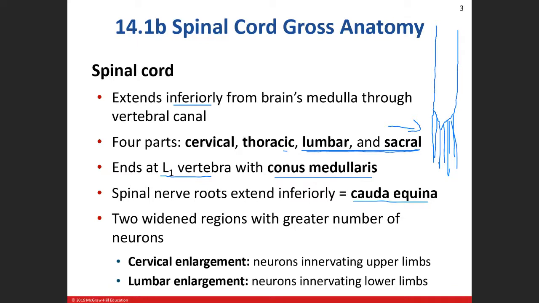That's going to be found in the cervical region in your neck, and the lumbar region of your spinal cord, because these 2 regions give off neurons that eventually form nerves that innervate the upper limbs from the cervical part, and the lower limbs from the lumbar part. So you'll see these 2 bulges in the spinal cord in those regions, and that just has to do with the large number of neurons coming off of the spinal cord.